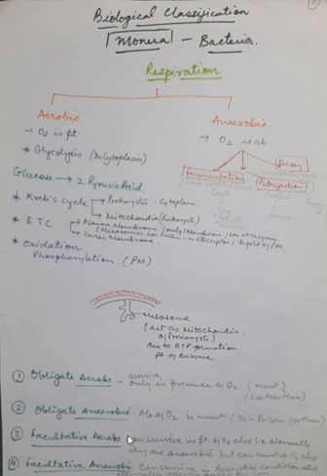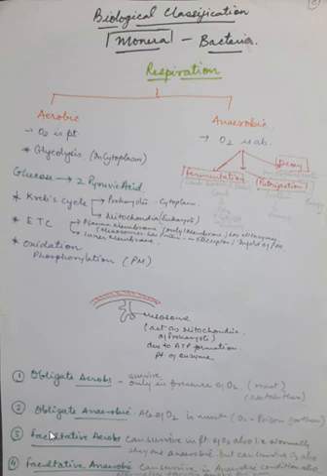Then the next is facultative aerobes. They can survive in the presence of oxygen also. Normally they are anaerobic but can survive with oxygen also. Let us see once again the difference between obligate and facultative. The term obligate means that the condition has to be there. That means without oxygen they will not survive, and only if oxygen is there will they survive.